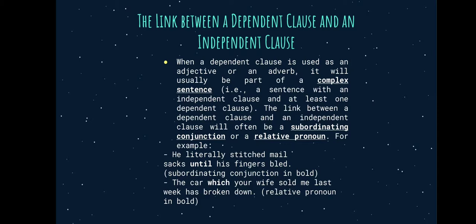For example, first: He literally stitched mail socks until his fingers bled. The subordinating conjunction is in bold. The car which your wife sold me last week has broken down. The relative pronoun is in bold.